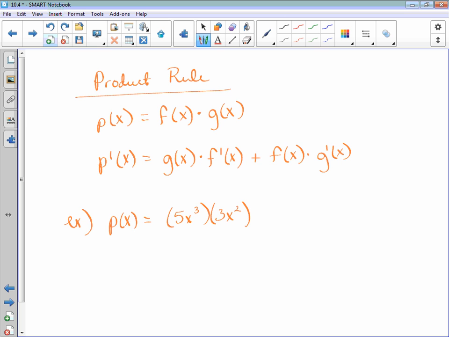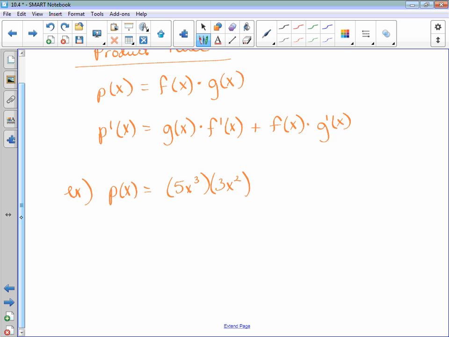They'll get more complicated than that, but let's just do a basic one here. So guys, could you just multiply that out and then use the power rule? Yes, okay, that's one way to do it. We're going to practice with the product rule just so you can see how it works.